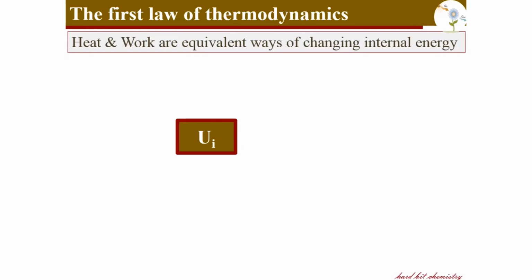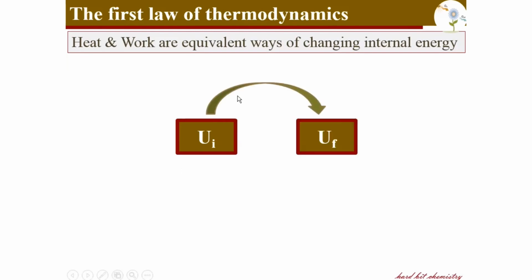This is our system defined by the internal energy at its initial state, Ui, and suppose this system is moving to a new thermodynamic state with a new internal energy Uf during a process. During that process, there can be two consequences, either in terms of heat or in terms of work.